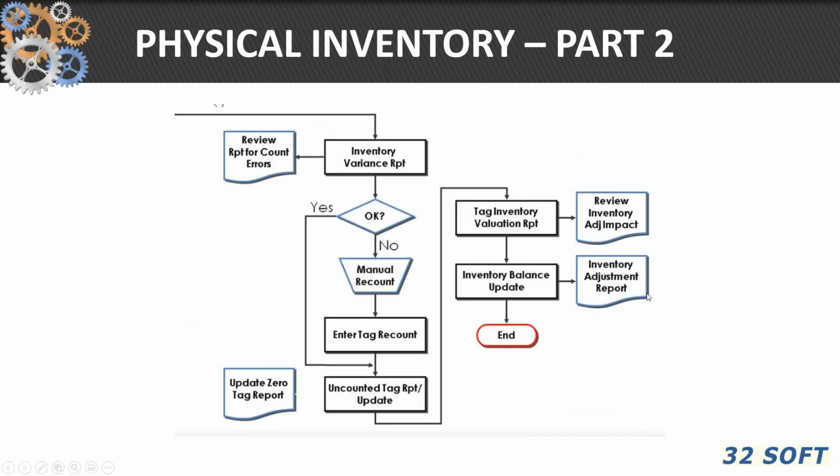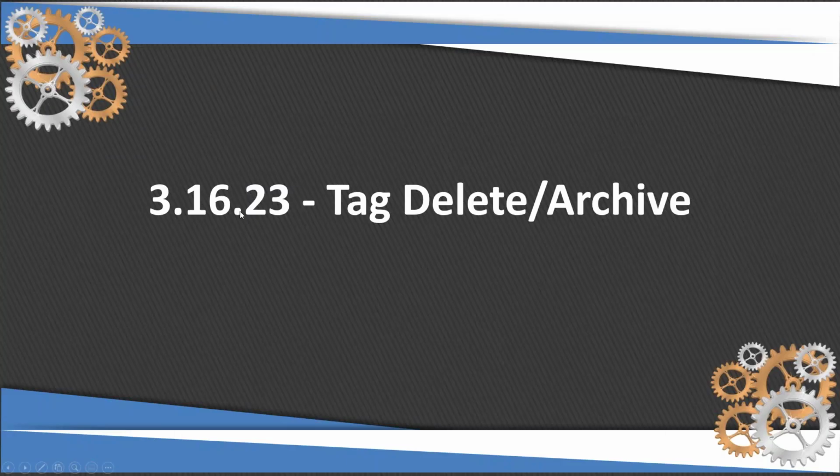If everything is fine, then you run your variance reports. If everything is not fine, you've got to go back and recount things, enter into the tag recount menu. And then finally, everything is complete. You run your uncounted tag report and update. You run your valuation, and then finally you update your inventory balances, and physical inventory is complete. It's usually at least a 2-day process, if not 3 normally.